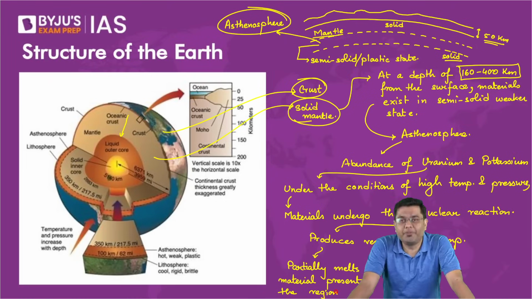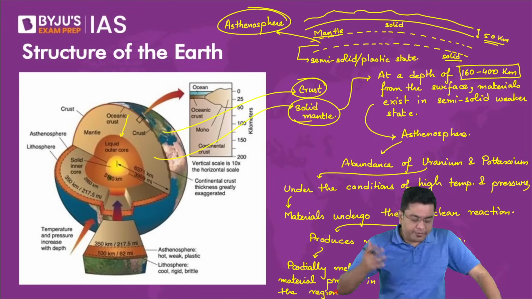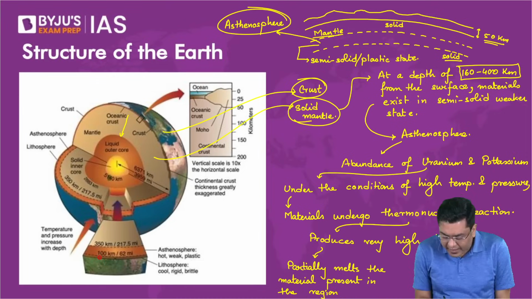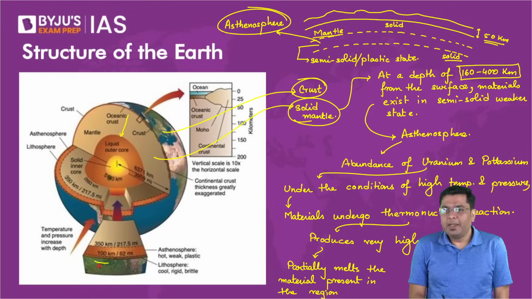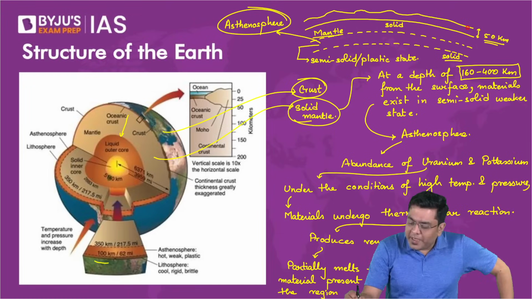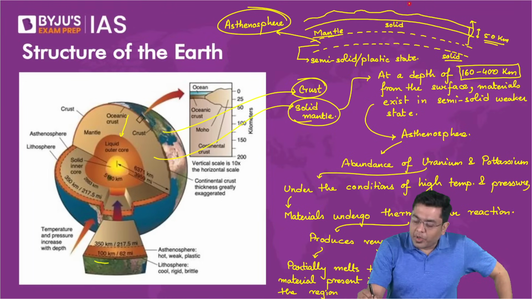And that is why it is referred to as asthenosphere, because asthenosphere refers to a kind of weaker layer. So observe here, at a depth here, initially you have the lithosphere. Now, what is lithosphere? Lithosphere is considered to be the part of the crust and the solid portion of the upper mantle. That is what is lithosphere.